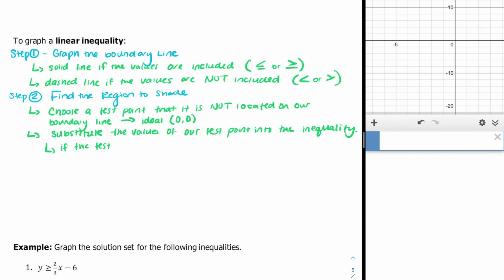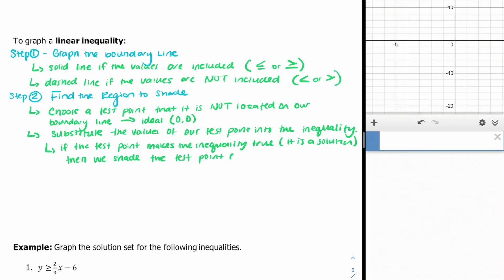If the test point makes the inequality true, i.e., it is a solution, then we will shade the test point region. If the test point makes the inequality false, so it's not a solution, then we will shade the other region.